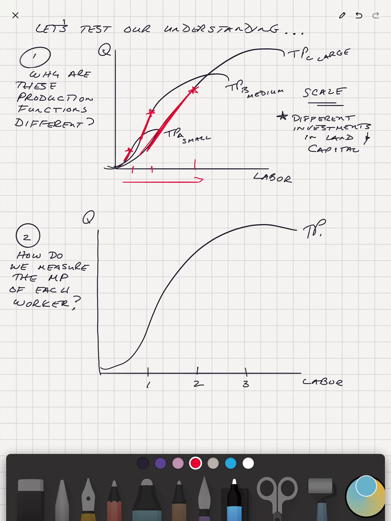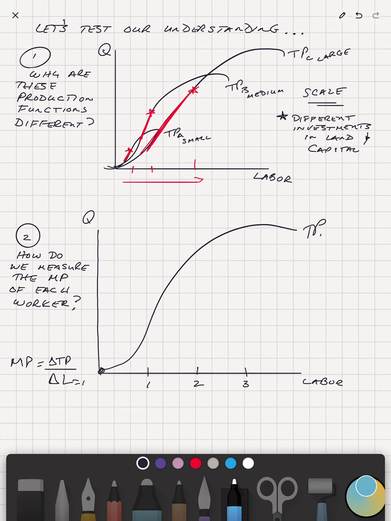Let's look at this bottom one now. If I don't want to do any side calculations, how do we measure the marginal product of each worker? Now remember, the marginal product is equal to the change in total product when you hire each worker.